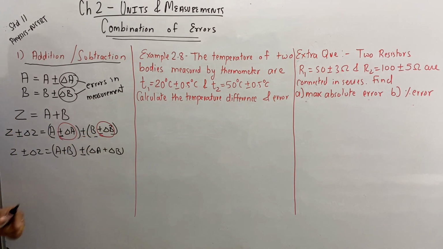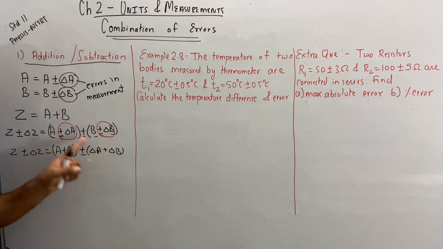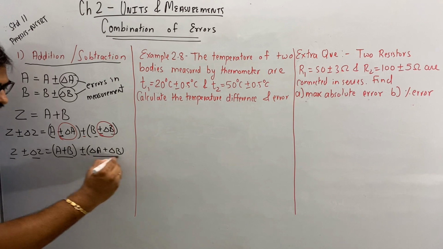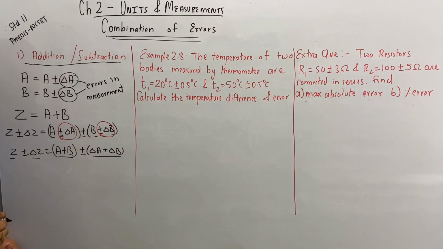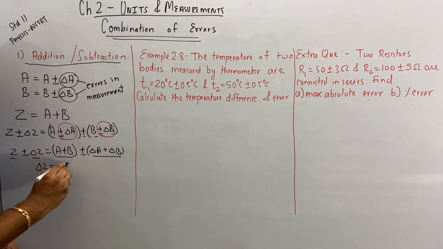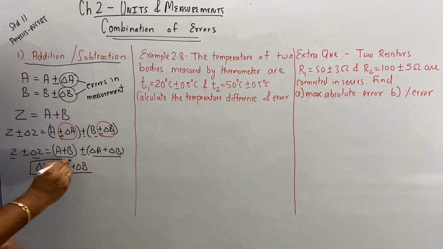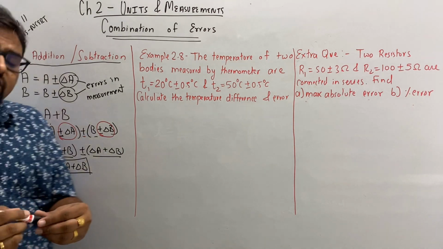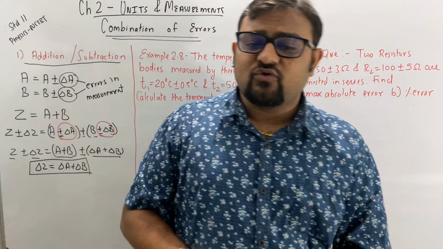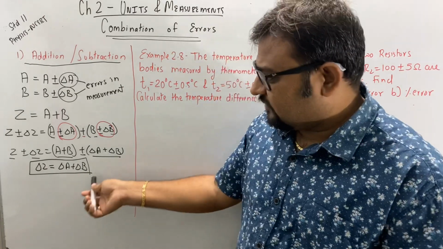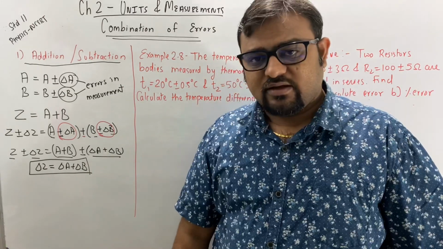Clear? So compare: Z is A plus B, and delta Z is delta A plus delta B. So the maximum error will be delta A plus delta B. Remember, we always have to find the maximum error. So this is the formula for maximum error.